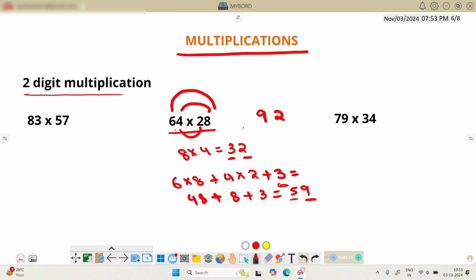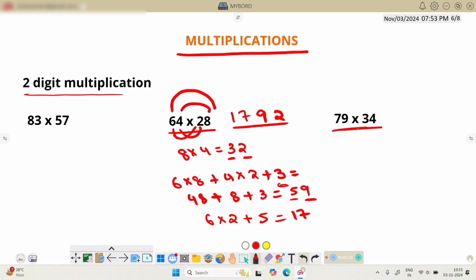So the next step is you should multiply the first digits 6 and 2. Okay, 6 and 2 plus 5. Okay, so 6 2s are 12 plus 5, 17. So write this 17 here, 1792.